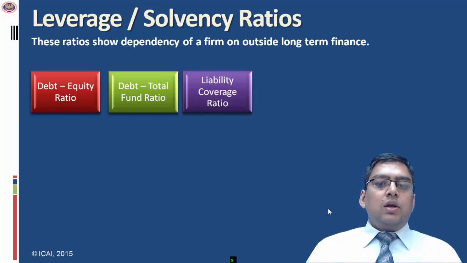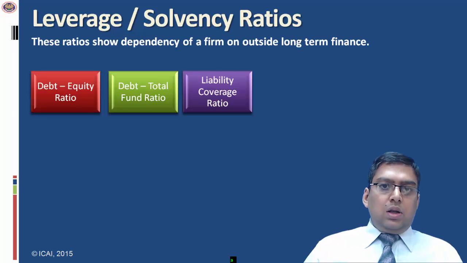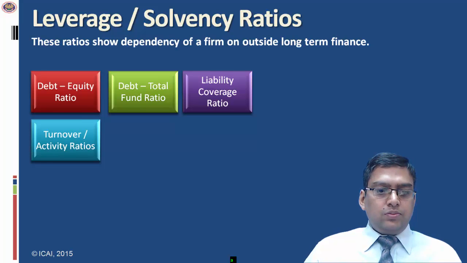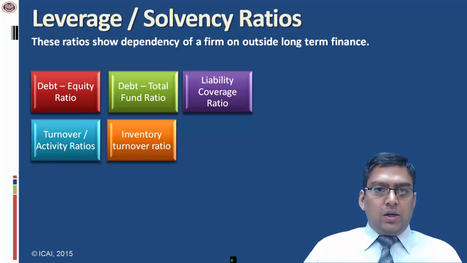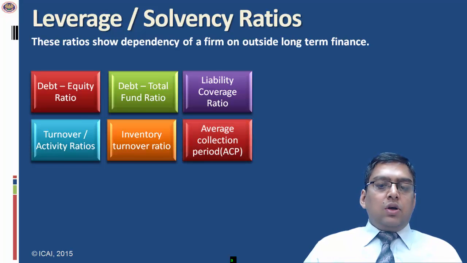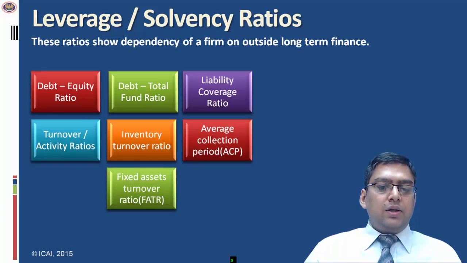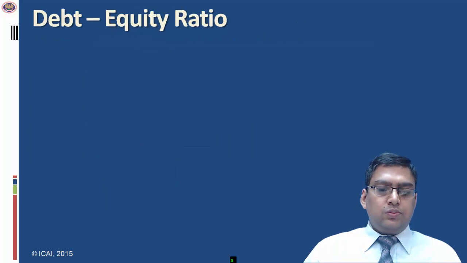Next is the liability coverage ratio, turnover activity ratio, inventory turnover ratio, average collection period, and fixed asset turnover ratio. Let's discuss one by one.